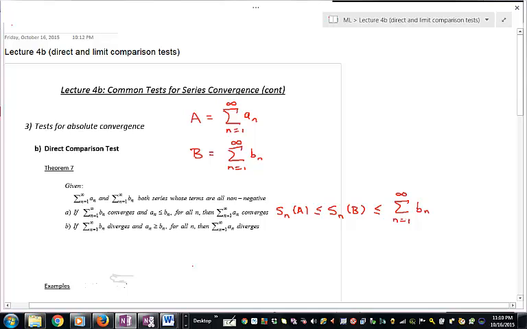So if this converges, if this is a real number, notice that the sequence of partial sums are an increasing sequence, and they're bounded above by some number.